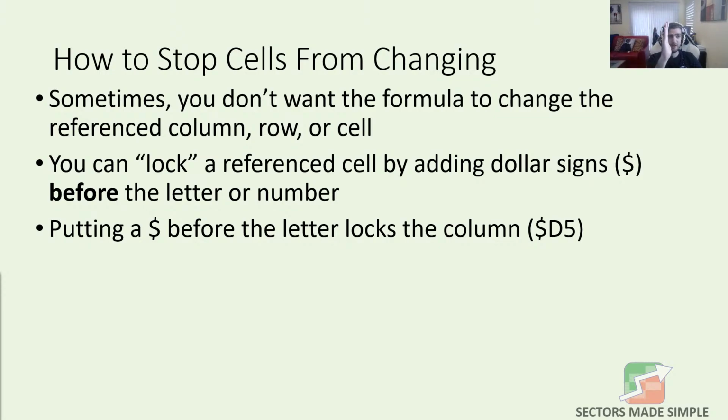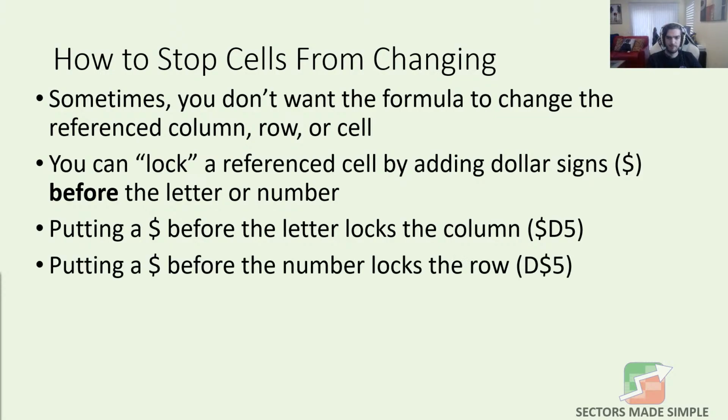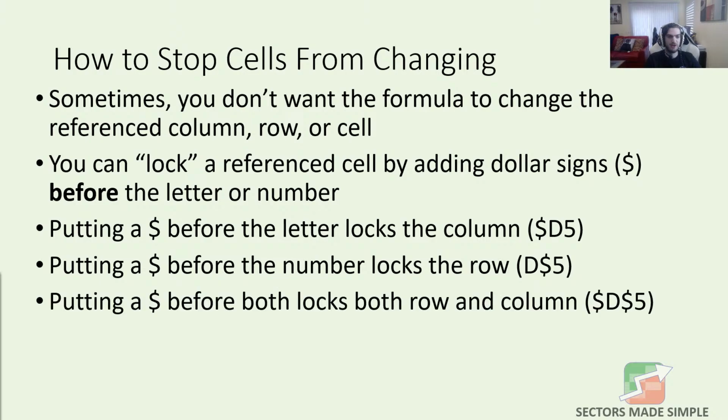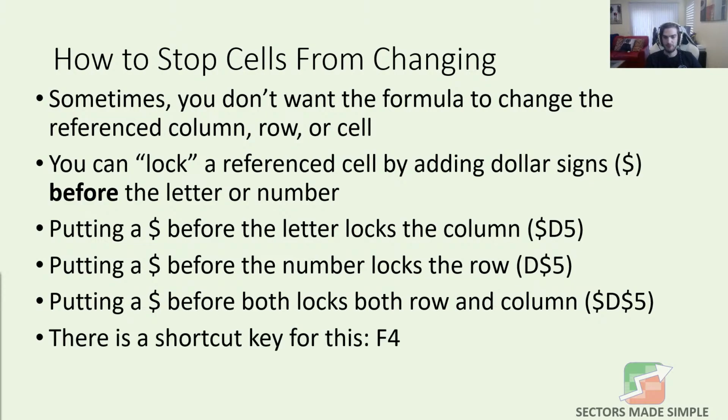So it will lock the letter. Putting a dollar sign before the number locks the row. Putting a dollar sign before both locks both the row and the column. If you don't like typing the dollar sign, there is a shortcut for it, and the shortcut is F4.